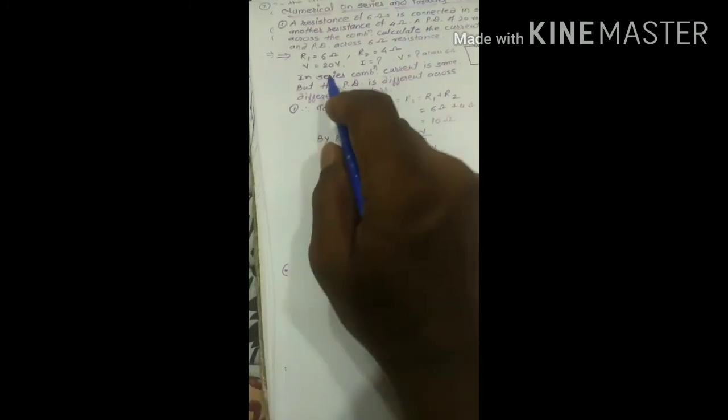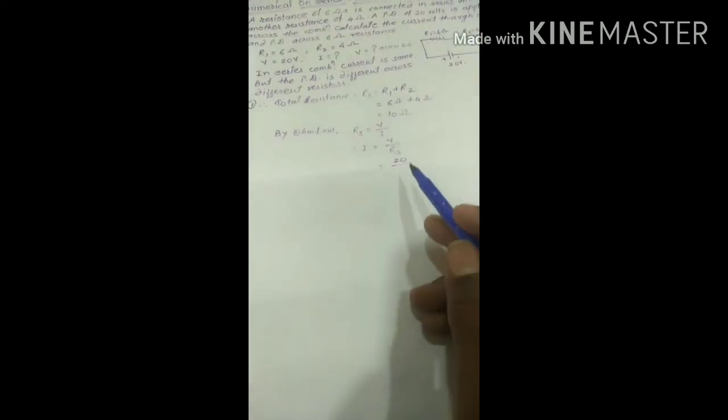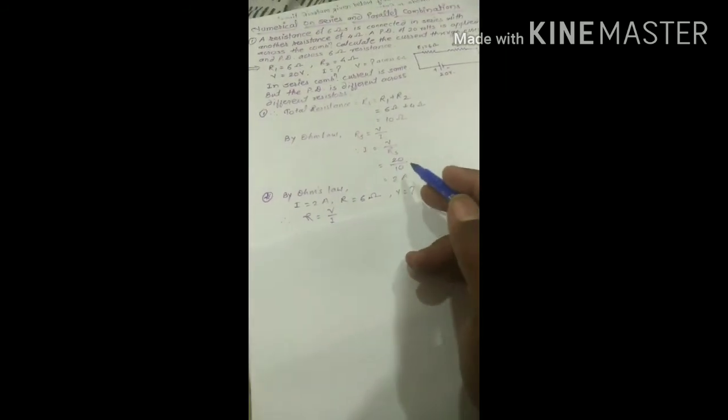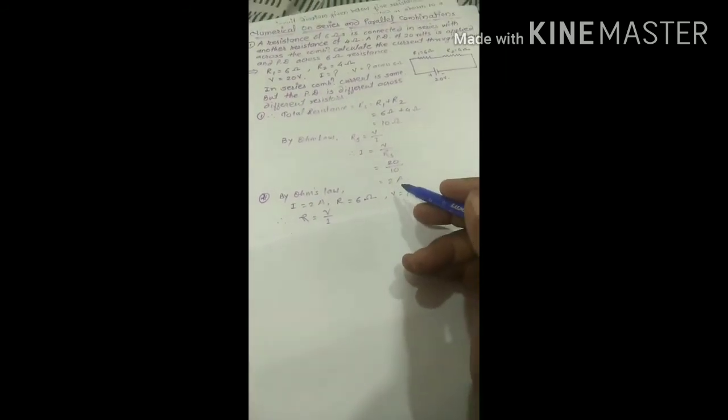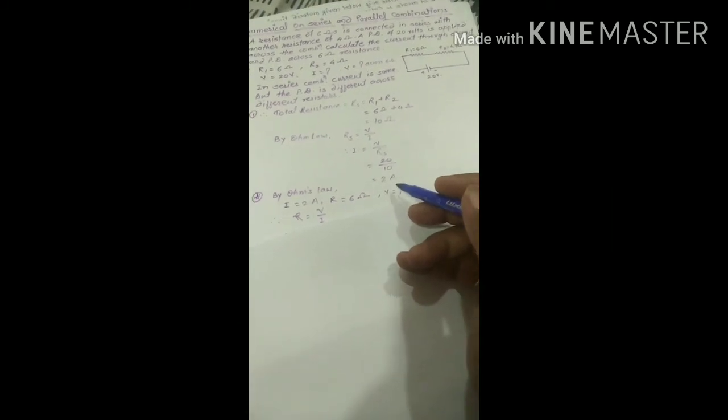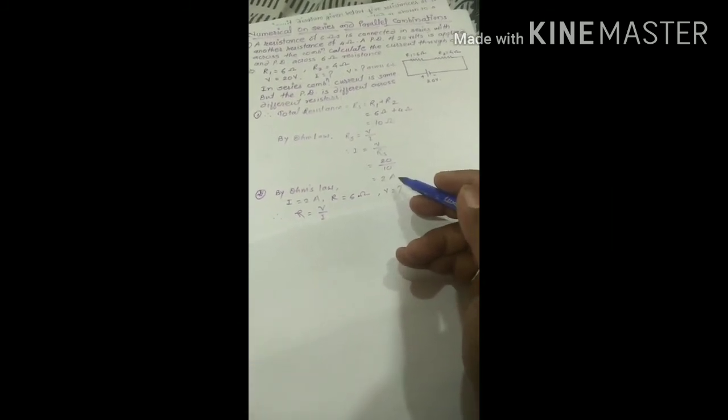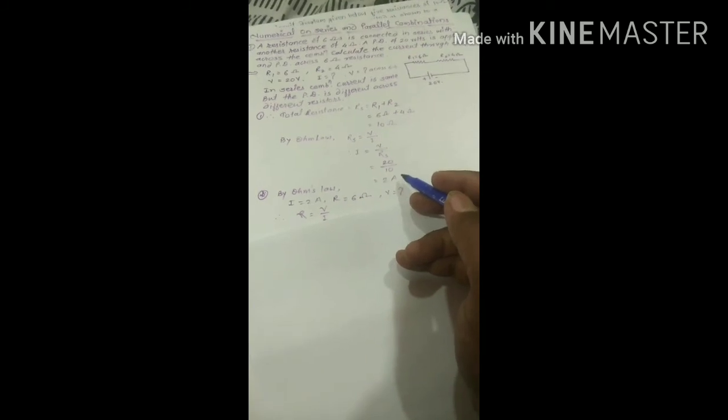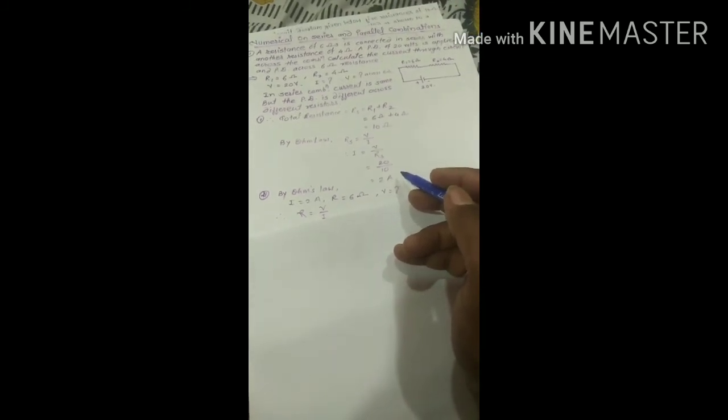V is given as 20 volt, so we put the value 20 volt by total resistance, which we got as 10 ohm. So 20 by 10, what do we get? 2 ampere. So how much current flows through the circuit? 2 ampere current flows through the circuit.